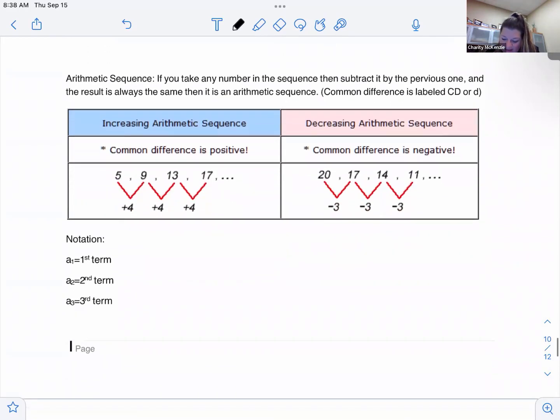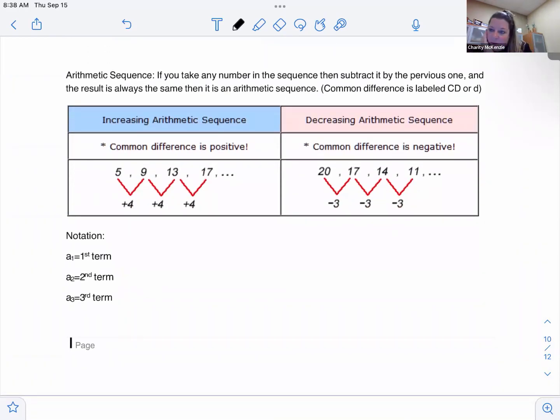So looking at our first type of sequence, we have arithmetic sequence, and this is where you're adding or subtracting a number each time to get to your next number. So I'm looking at this sequence right here. The sequence is 5, 9, 13, 17, right? So I'm going up 4 each time. So I did this little thing to show you I'm going up 4 each time.